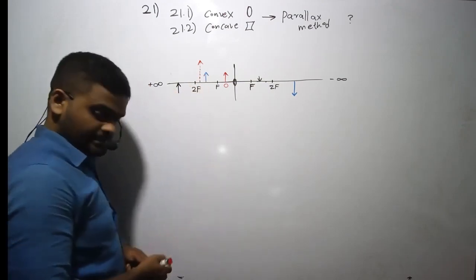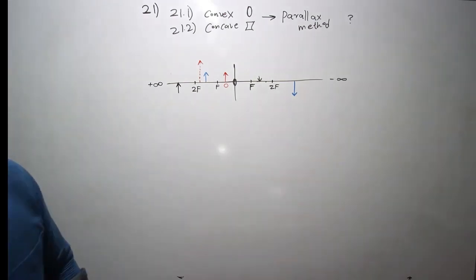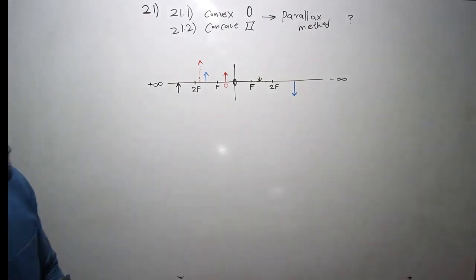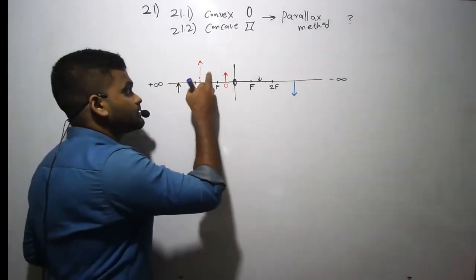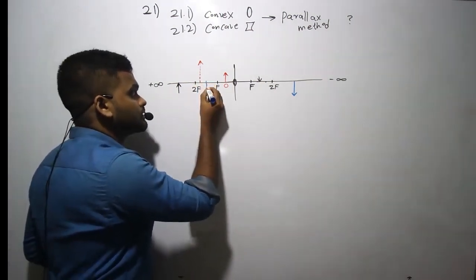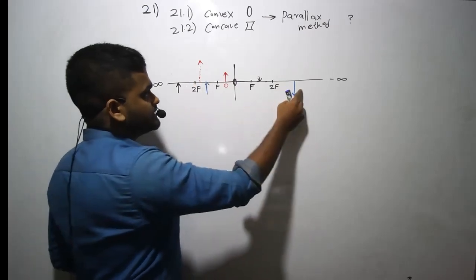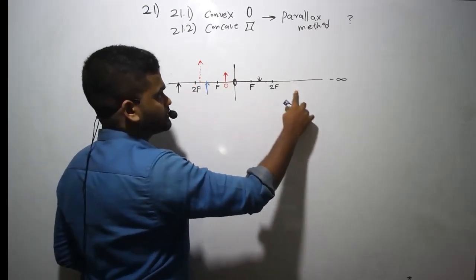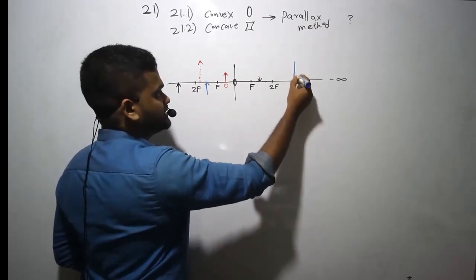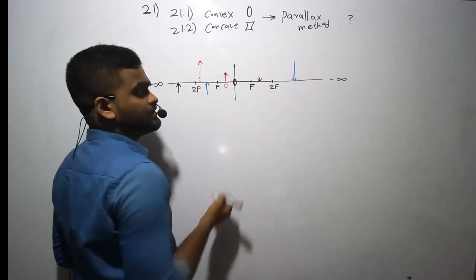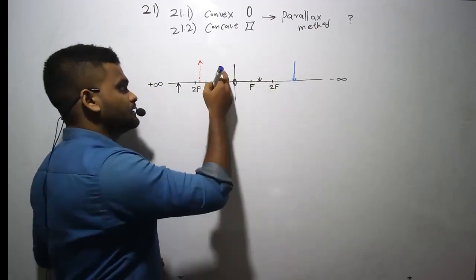Now let's say the other object. Let's bring the object onto the principal axis, this one. Like this. Then the image gets inverted and larger. Should be like this. Inverted and larger, right?